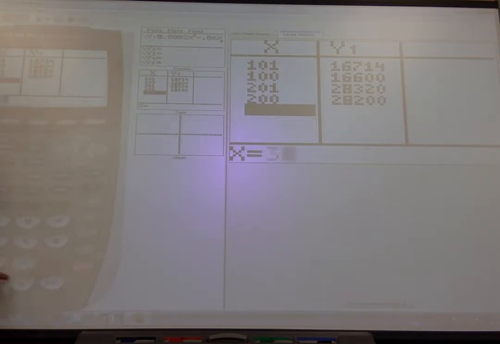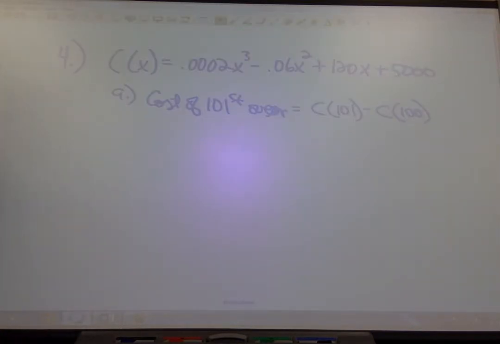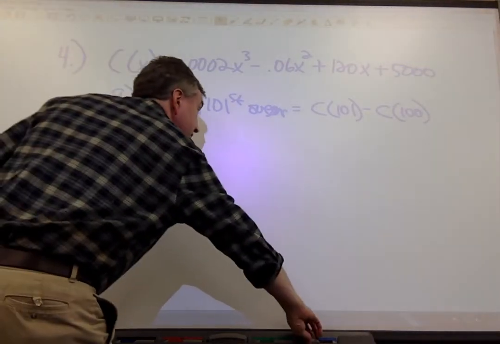And then 301 and 300. Good, 138. So, the reason they wanted you to do that is now if we find C prime, the marginal cost, like we were talking about, let's see if it gives us the same thing.